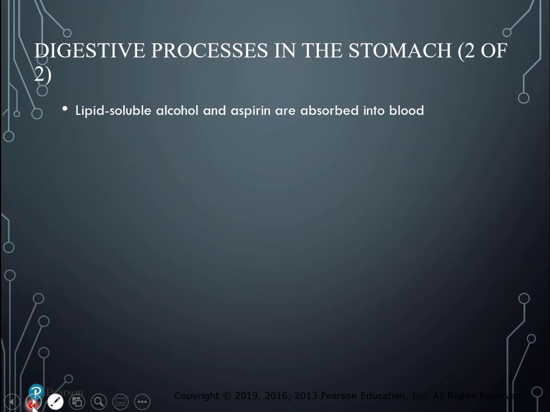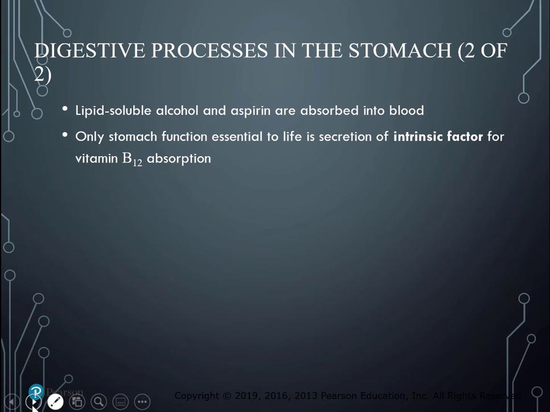Okay, so there are some drugs that are absorbed in the stomach. For instance, lipid-soluble alcohol and aspirin are absorbed into the blood through the stomach. The only stomach function that's essential to life is the secretion of intrinsic factor for vitamin B12 absorption.